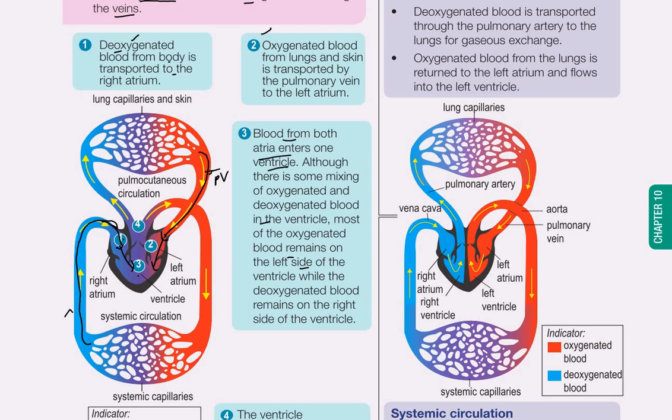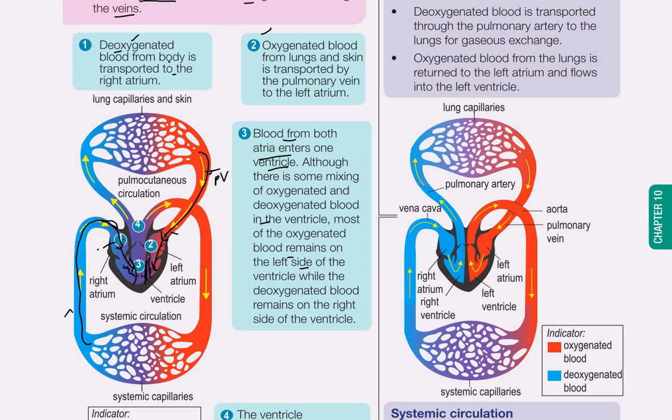So blood from the left atrium is oxygenated blood, and blood from the right atrium is deoxygenated blood. They will mix together here in the ventricle. But usually the oxygenated blood remains on the left side, and the deoxygenated blood remains on the right side.